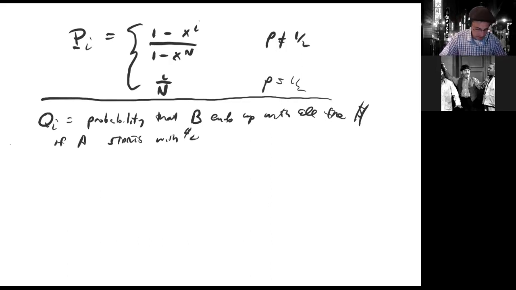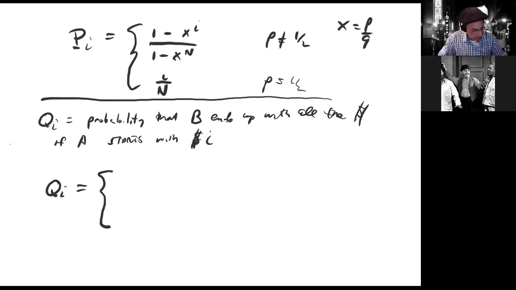Okay, so excuse my handwriting. And B with n minus I dollars. Well, we could have done the same exact analysis, except the roles of P and Q. See, X is P over Q here. And you see that you get the same exact formula for Q sub I, except the roles of P and Q are interchanged, and the roles of I with n minus I are interchanged.